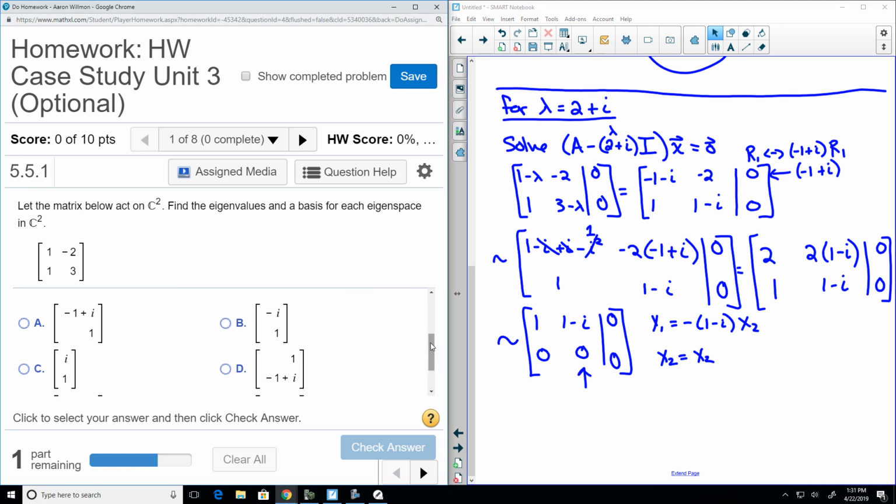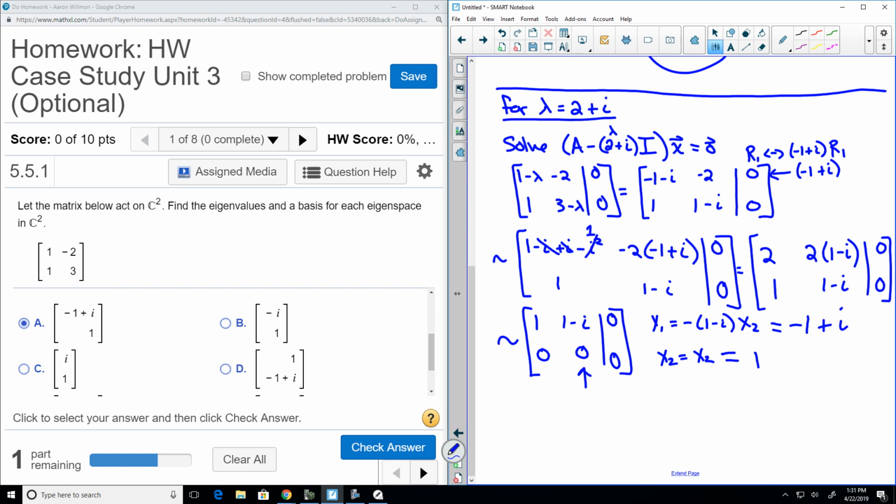It looks like A works. Do you see A? If we let x2 be 1, then this becomes negative 1 plus i when we multiply that negative 1 inside. So I think A is correct.